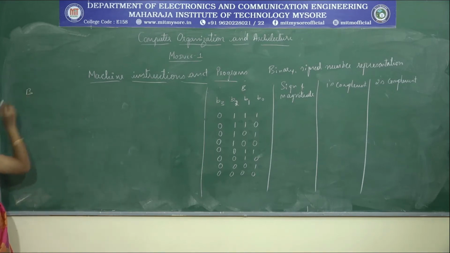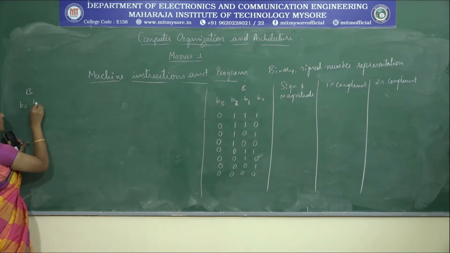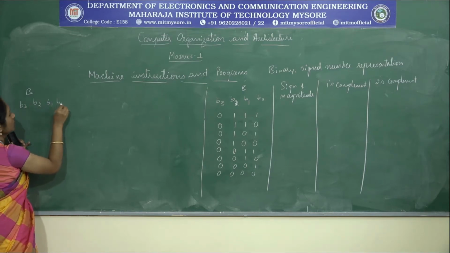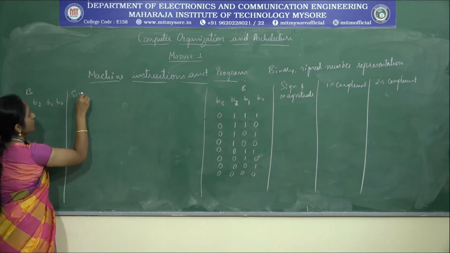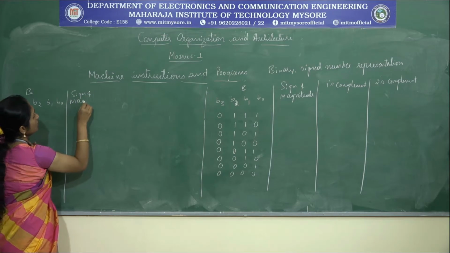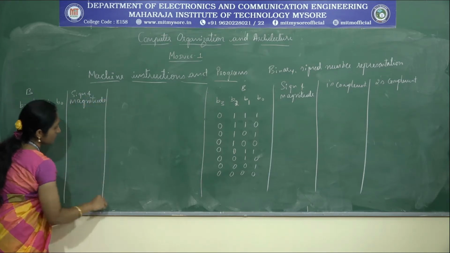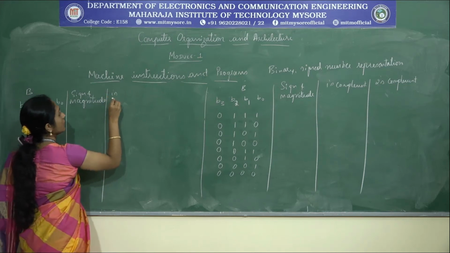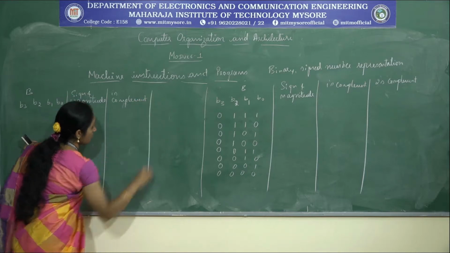The first column is the binary string, next is the sign and magnitude system representation, then the one's complement form of the binary string.